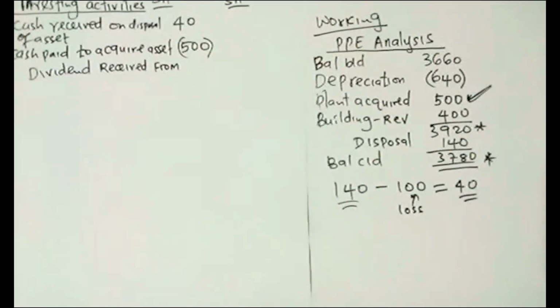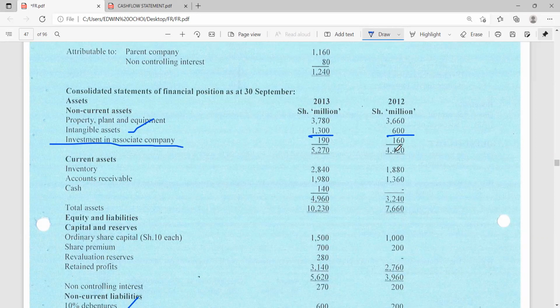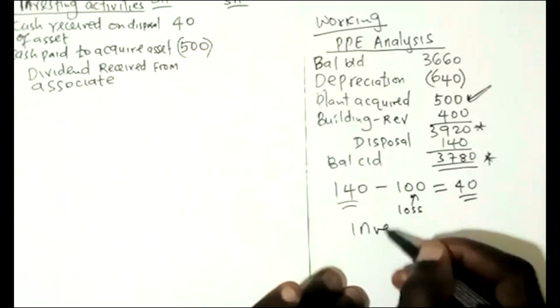It can be from an associate or a joint venture, but it will only be dictated by what you have as your investment in non-current assets. So you can say we have investment in associate company, which means that my dividends received is from the associate, as dictated by the investment we have. So we go and do the working for investment in associate.